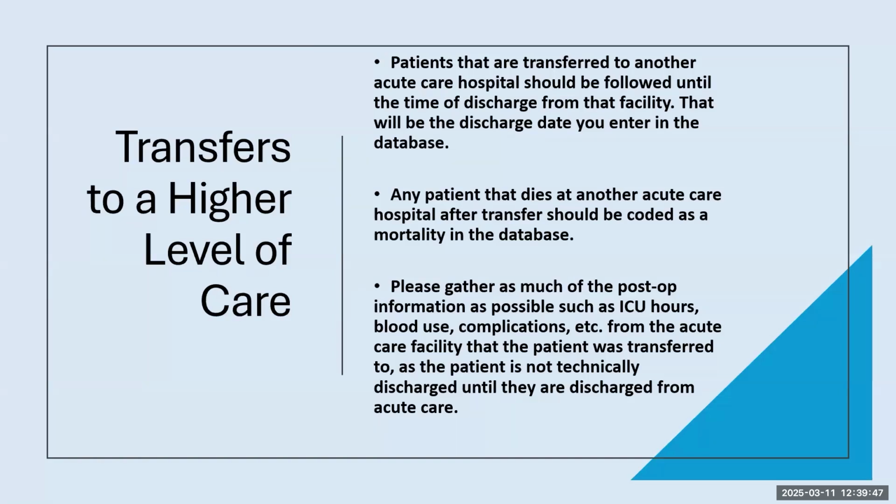I want to start by talking about this because sometimes I'll get questions: well, the patient came to my hospital and had a CABG, and then he went to another hospital and had an AVR. So it kind of goes along with case inclusion and choosing the index procedure. So I'm going to talk a little bit about this and then some of the principles with these patients that get transferred to a higher level of care that have multiple procedures.